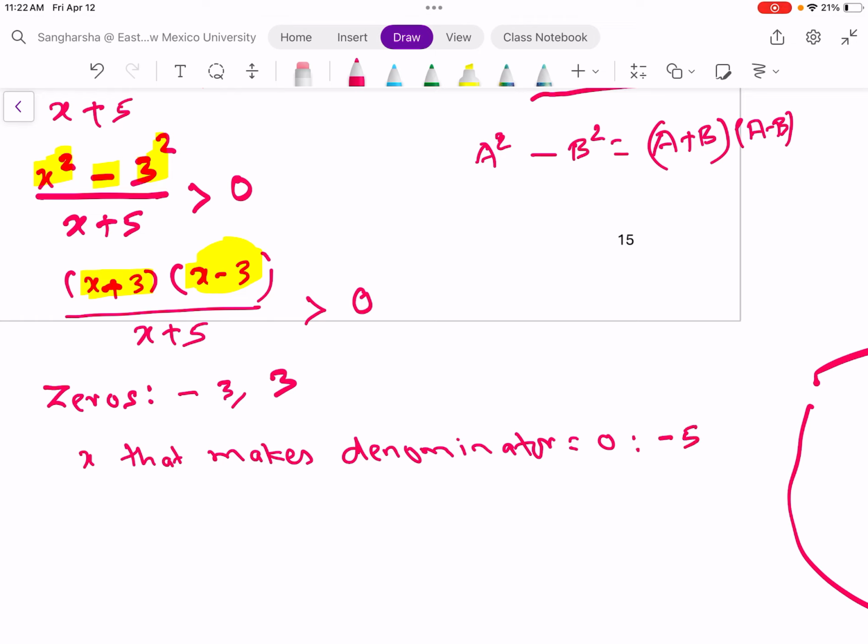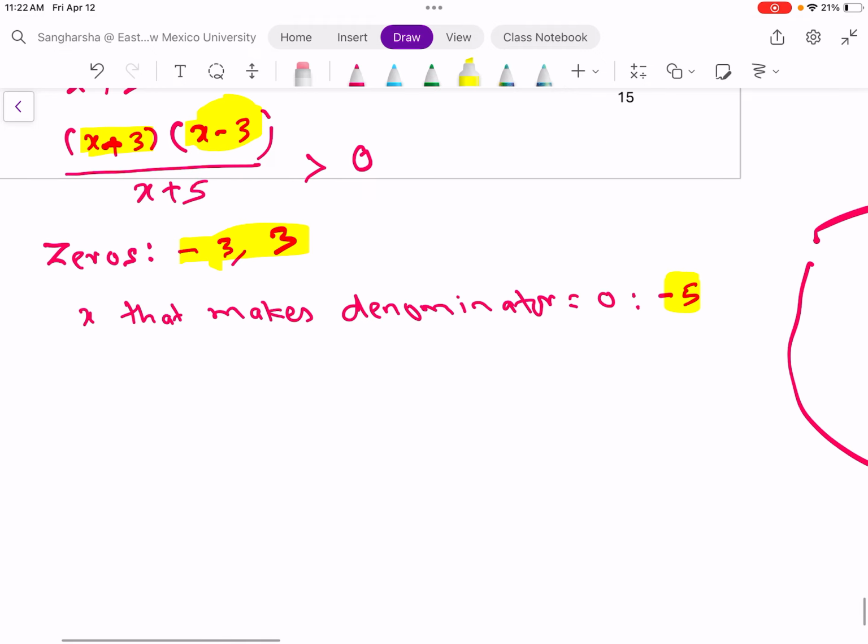And we use these numbers to divide our number line. This is what we do only for the rational. If you have a rational inequality, make sure you include the number that makes the denominator equal to 0 to divide your number line. Now let's draw a number line.